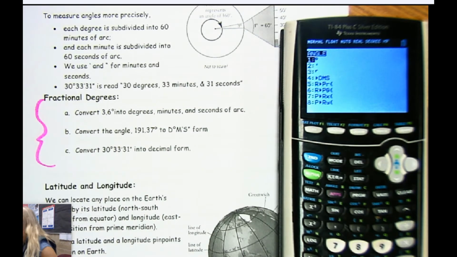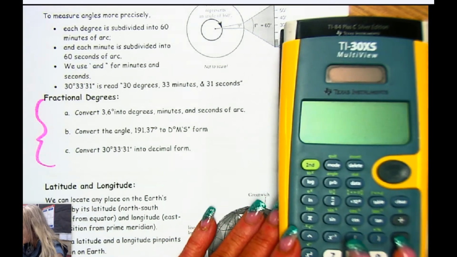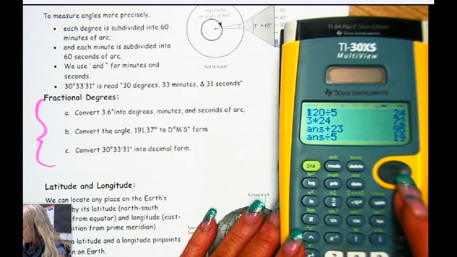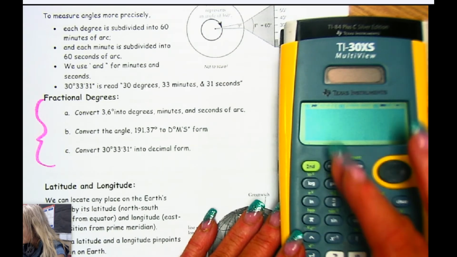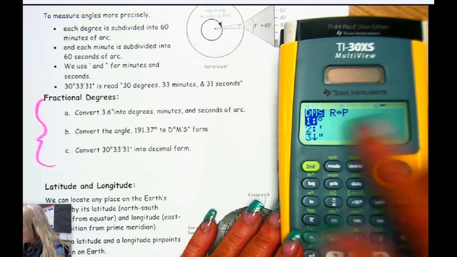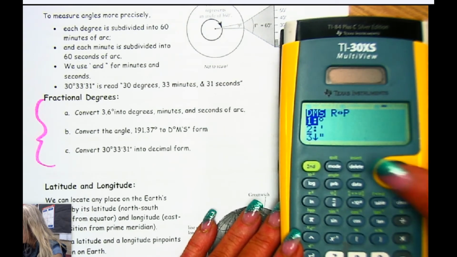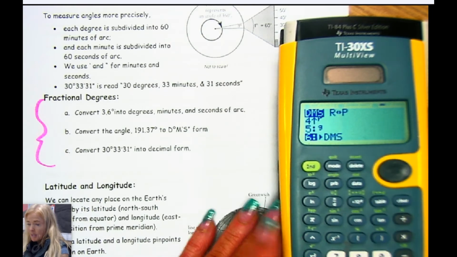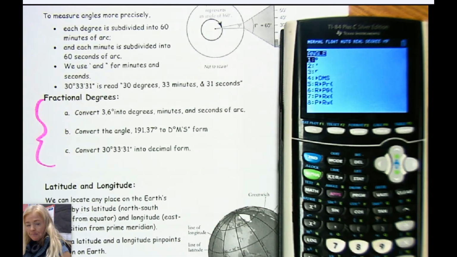Now, if you're using the yellow calculator here, you also have an angle menu. It's right there. I would do second angle in order to get our degrees, minutes, seconds. And if you go down, you're going to see number 6, DMS. So that's where you find it.